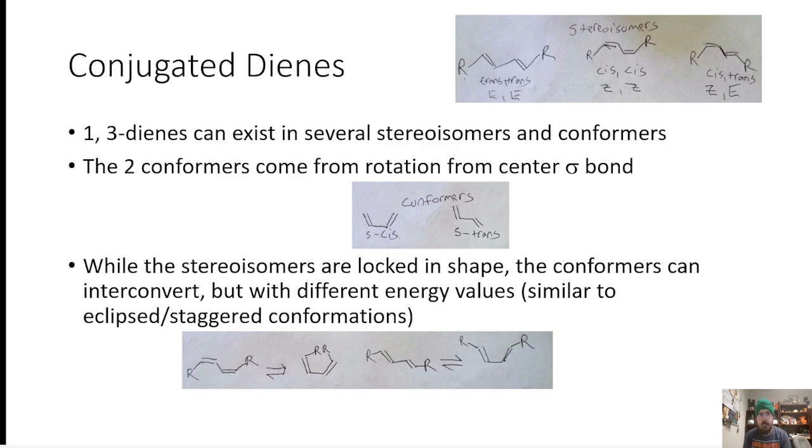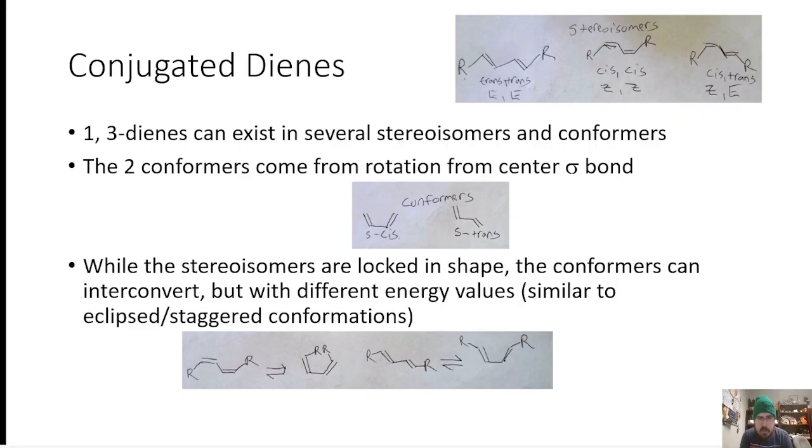But in terms of conformers, we can rotate that central bond and get what's called an S-cis or an S-trans. All these structures that you see in the top right are S-trans, but you will see different ones down there. So while stereoisomers are locked in the shape, the conformers can interconvert.